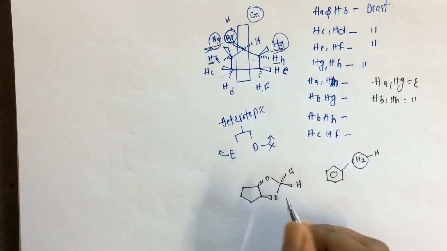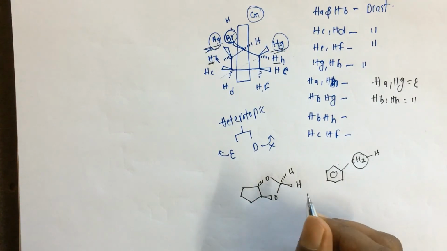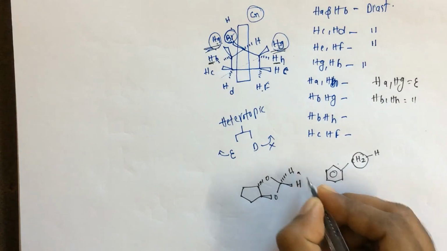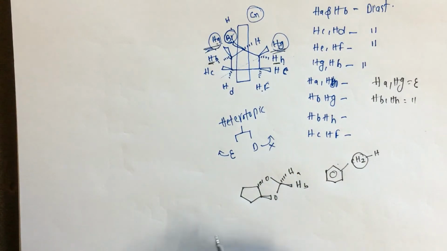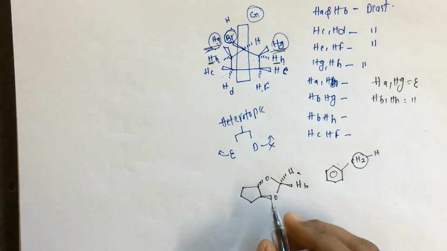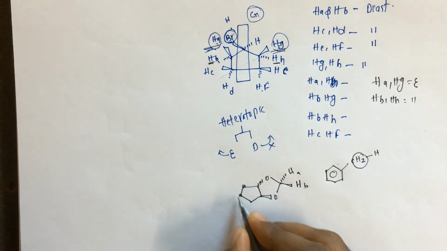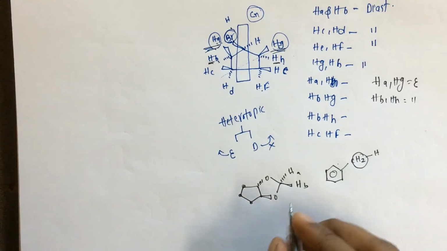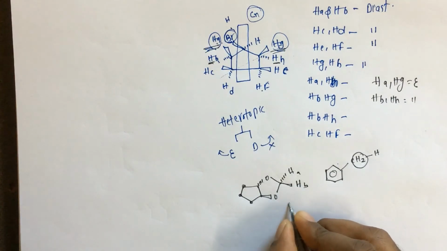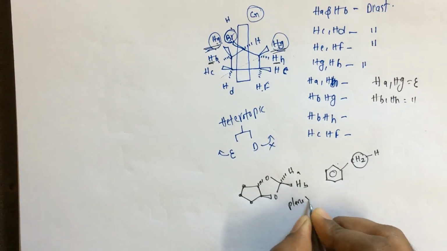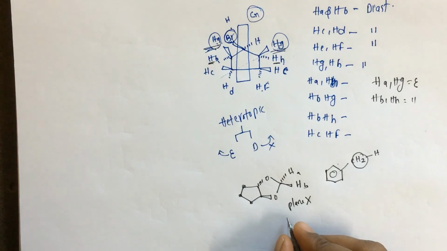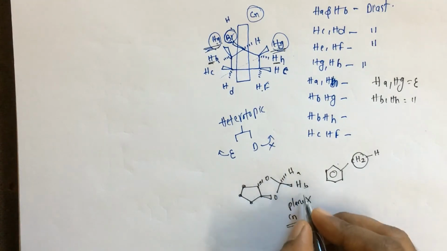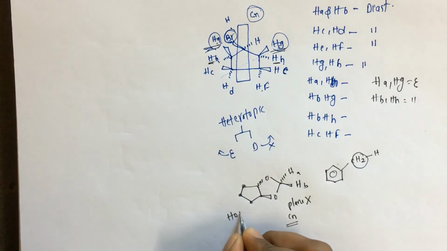What is the relationship between these two? Here we have two hydrogens, but on this side only one hydrogen is there. Here we can't pass any plane of symmetry, but we can do a Cn axis of symmetry. Because of that, these two hydrogens come out to be homotopic in nature.